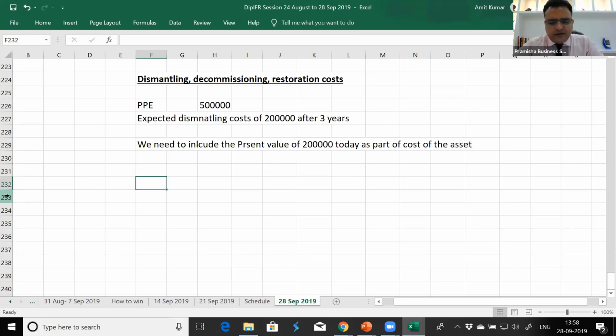At the same time, create a provision for dismantling for the same amount, that is the present value of 200,000 today.